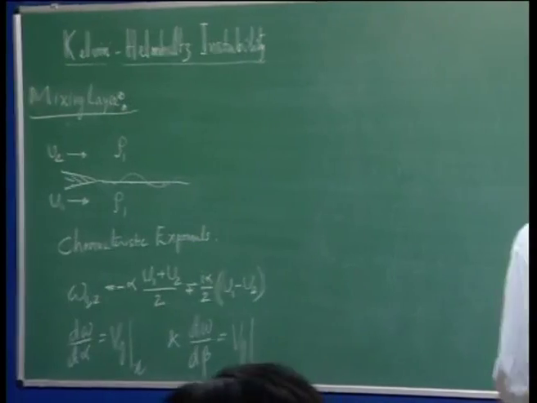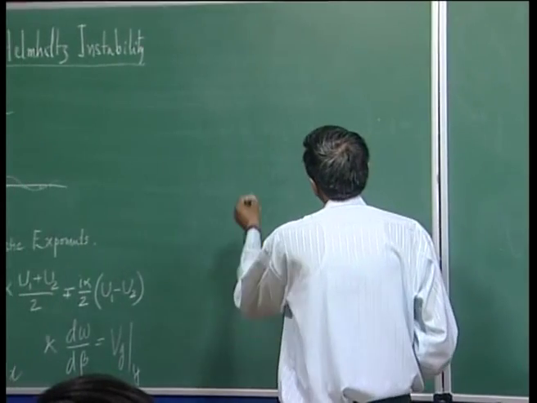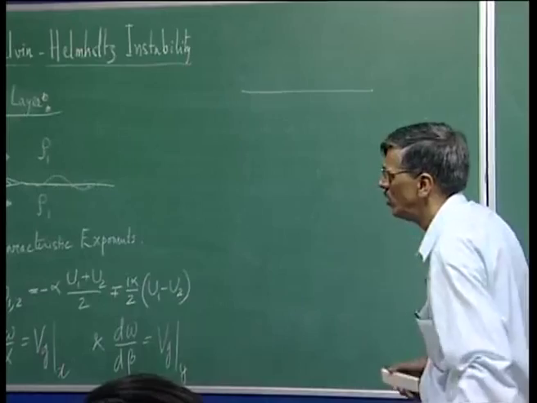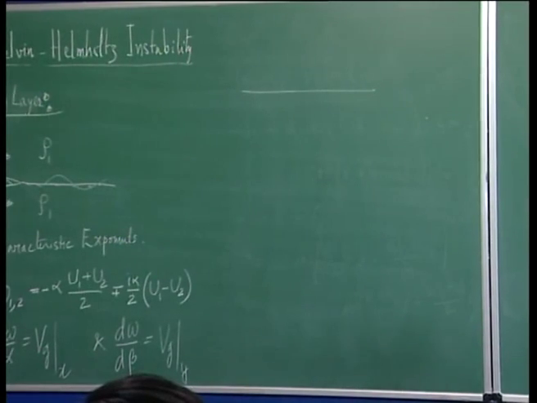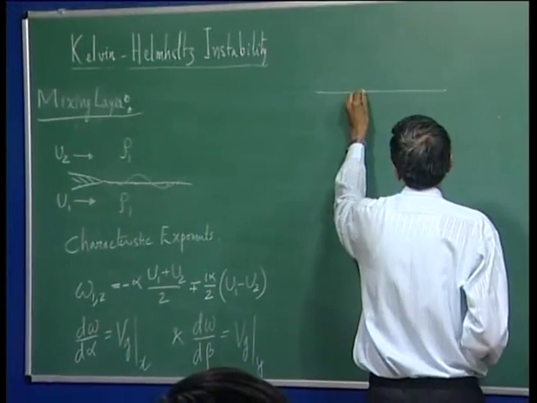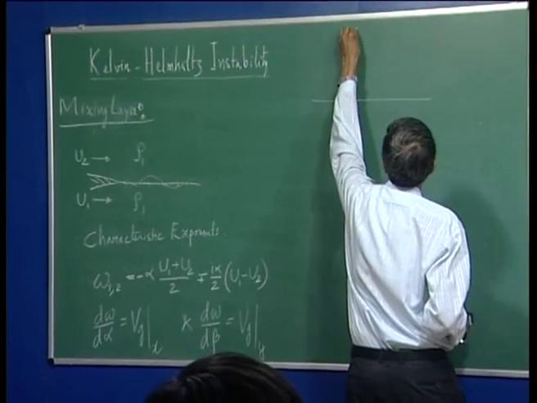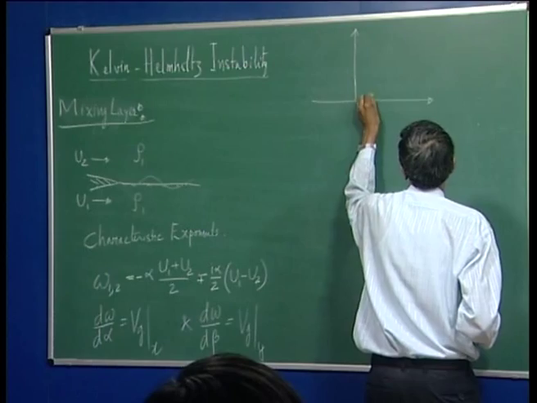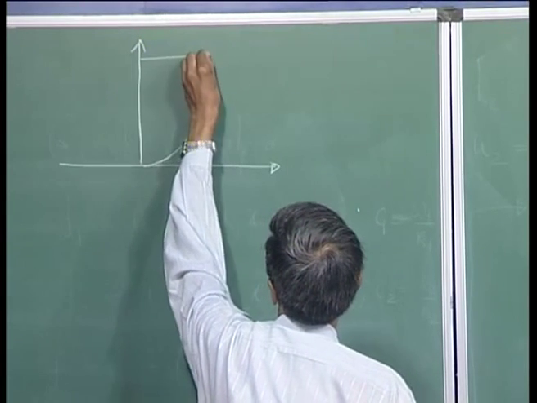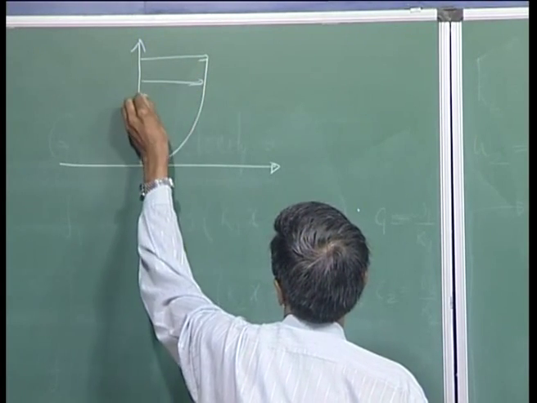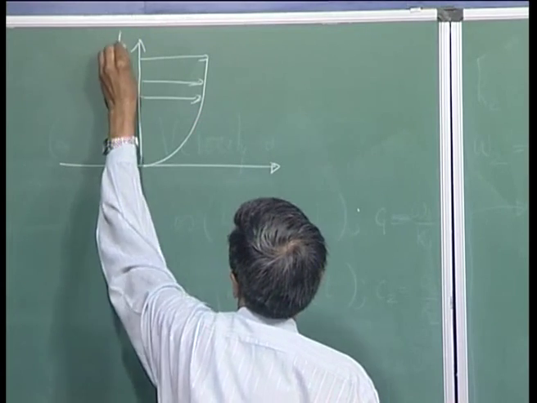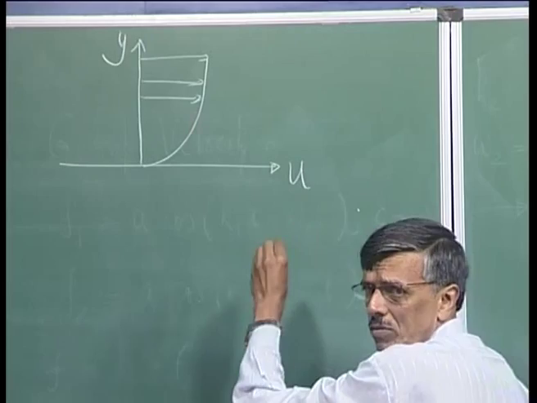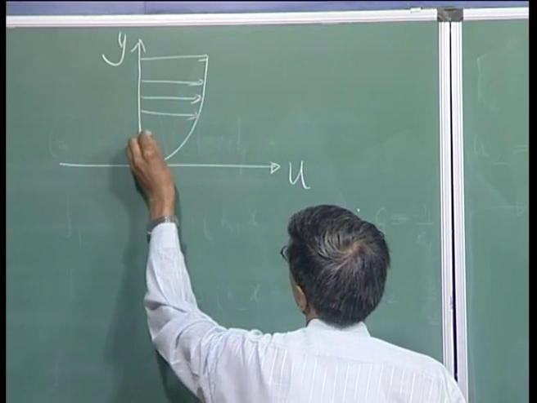So basically then we can study the flow field which has this detailed variation of the velocity profile given like this. So at different height, I am going to get this kind of velocity distribution.